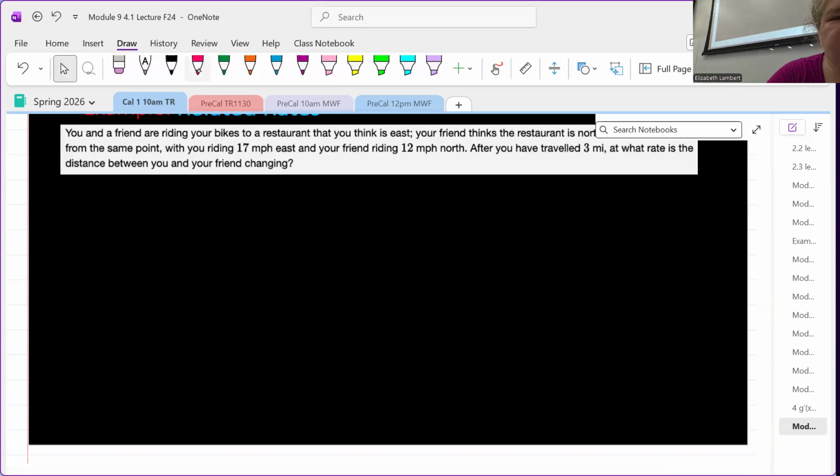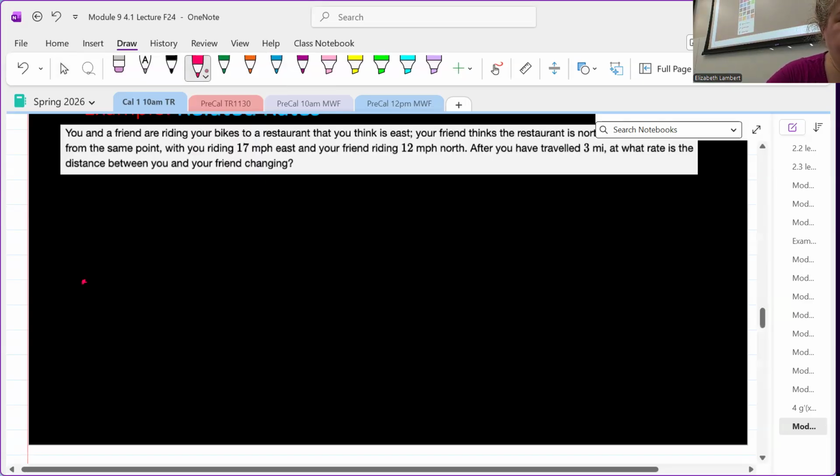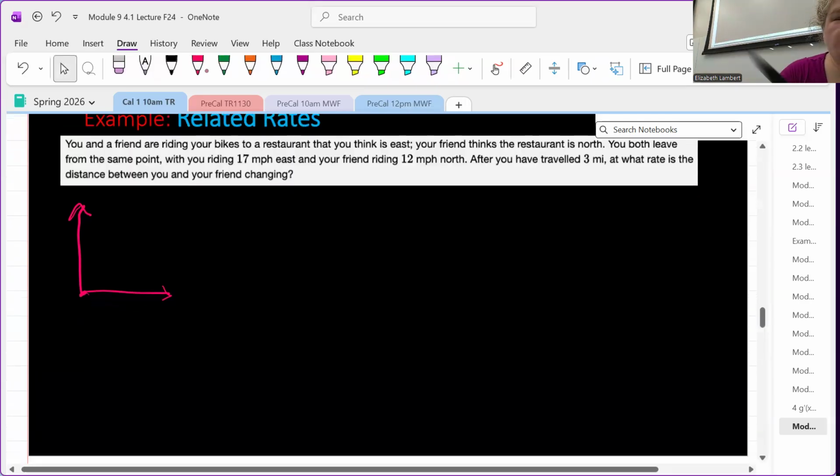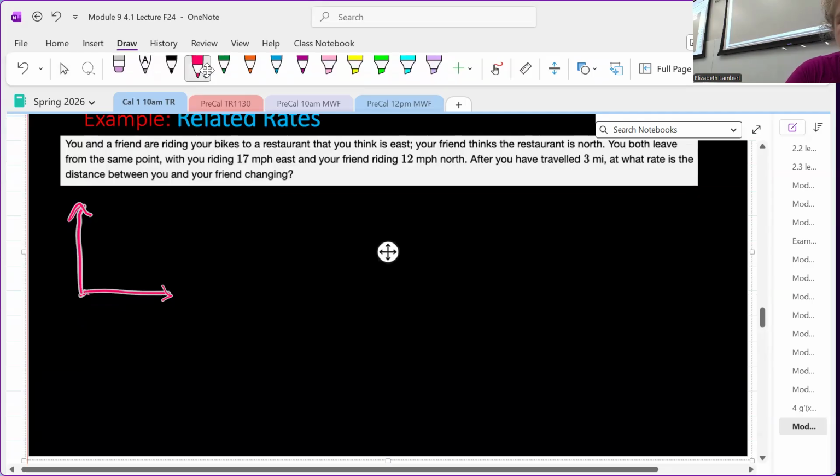So, weird setup here. You and your friend start from the same point. You go east, your friend goes north. So you're riding 17 miles per hour east.